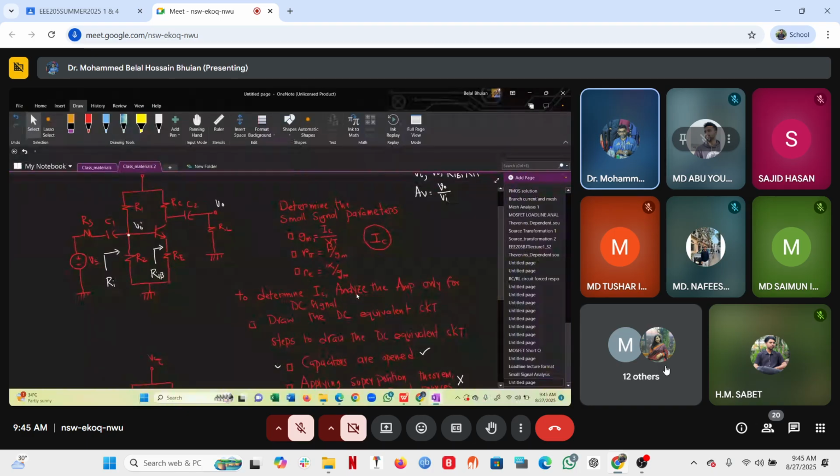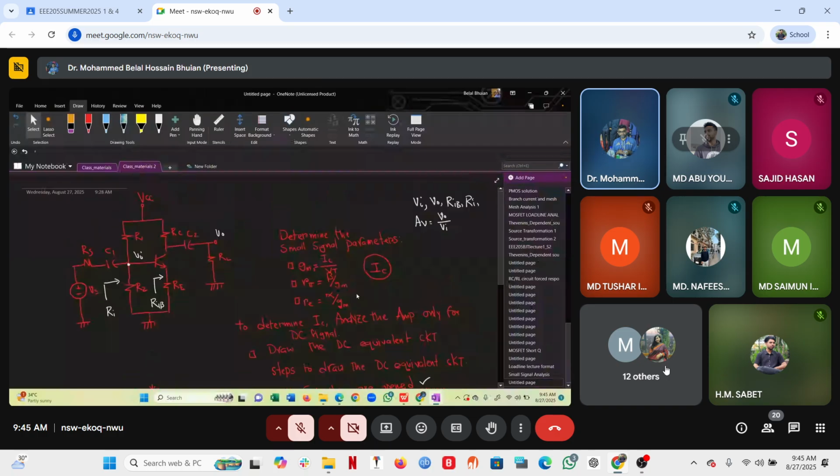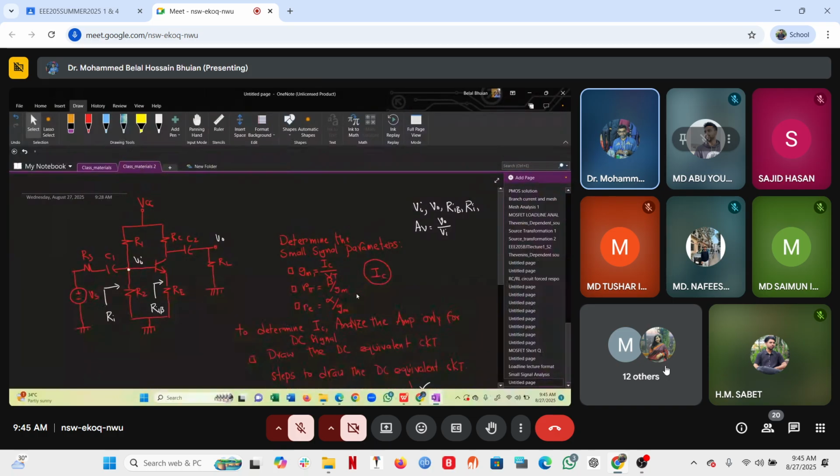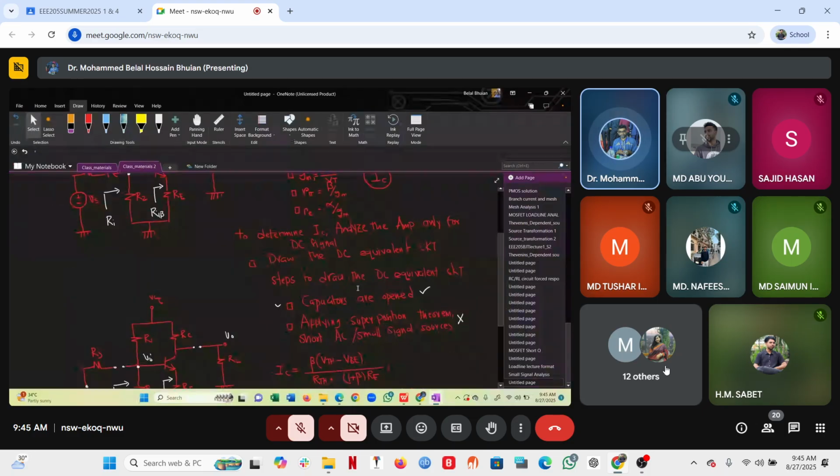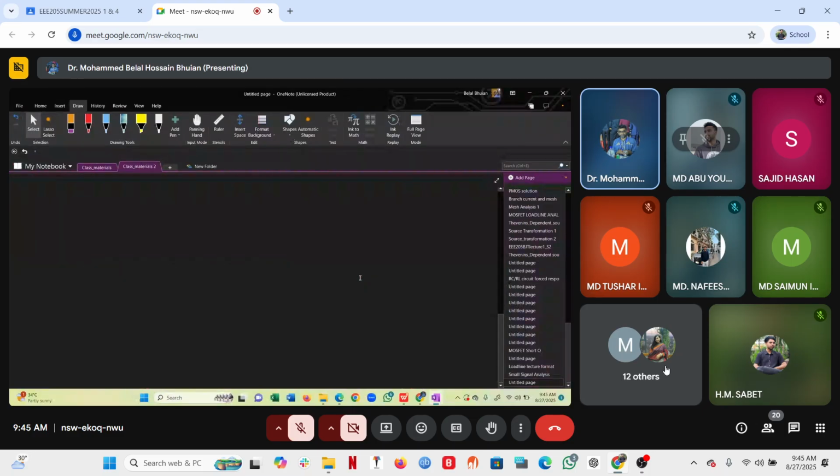Okay. So next, what do I have to do? Now I'm ready to analyze the amplifier only for small signal. Let's bring the amplifier back.